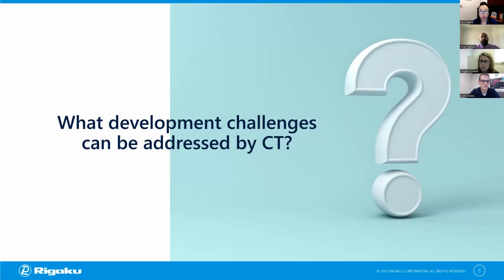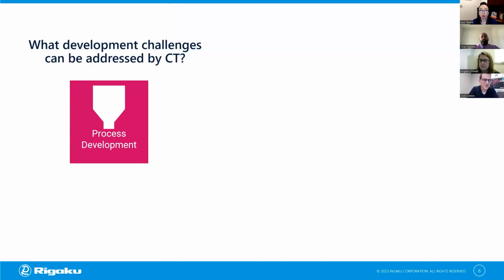And what we want to know next is the sort of development challenges that can be addressed by CT. Excellent question. We've seen quite a wide array in the pharma field, but we summarize it here in 4 primary areas. The first is process development.